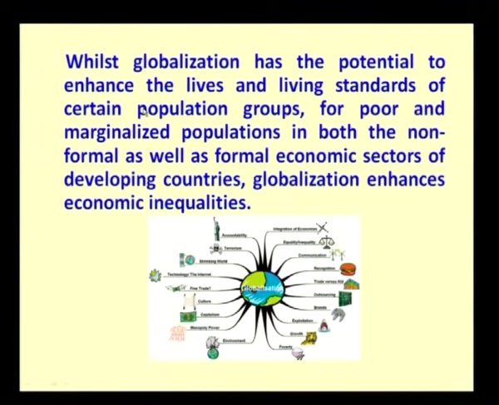Now, to sum up, whilst globalization has the potential to enhance the lives and living standards of certain population groups, for poor and marginalized populations in both the non-formal as well as formal economic sectors of developing countries, globalization enhances economic inequalities.